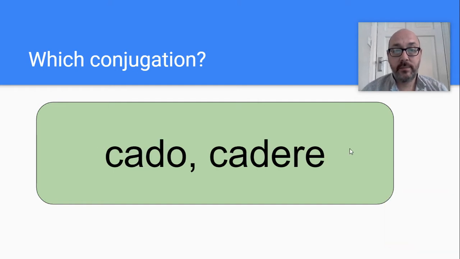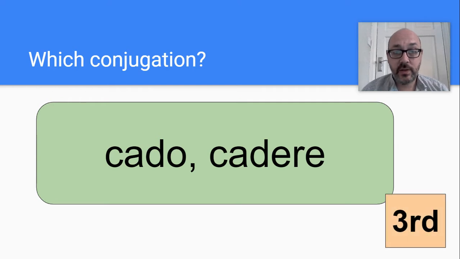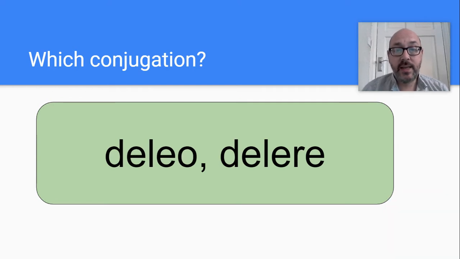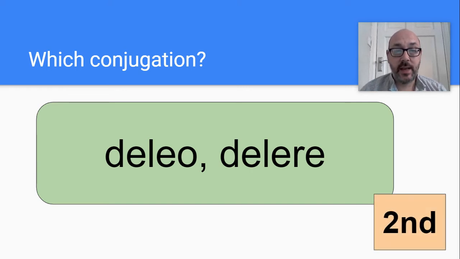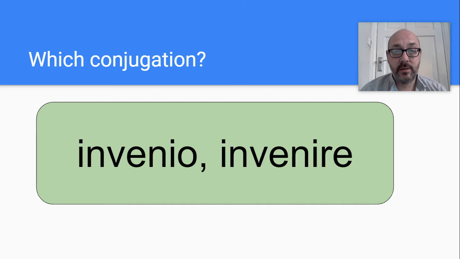And what's the conjugation here? Cado, cadere, not a word we've met already. What is it? That's right. It's third conjugation. Deleo, delere, to destroy, I destroy. It's second conjugation. Invenio, invenire.